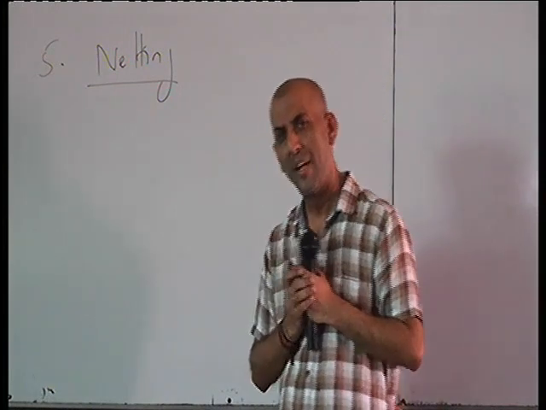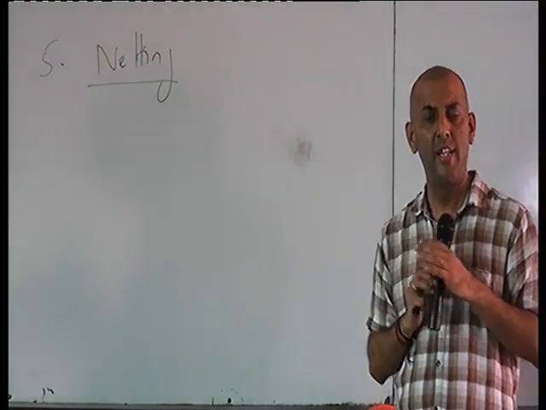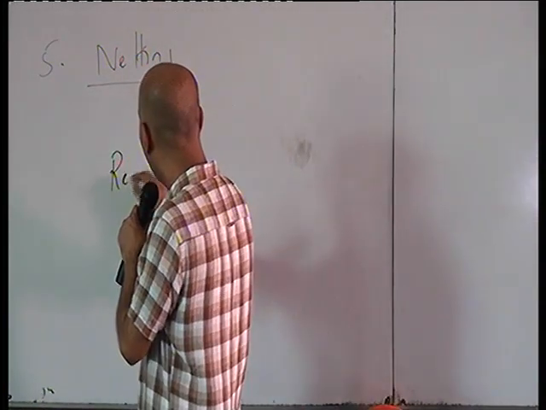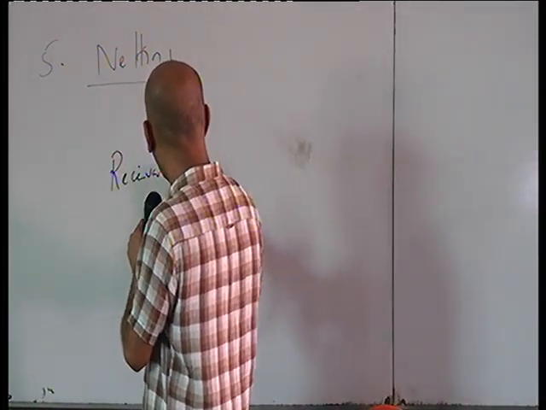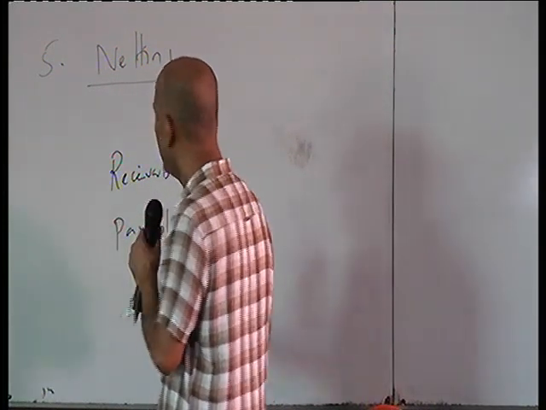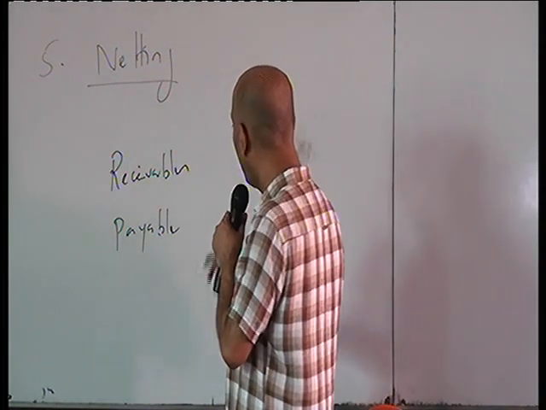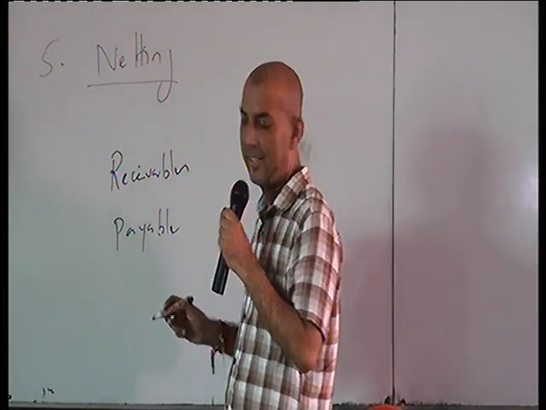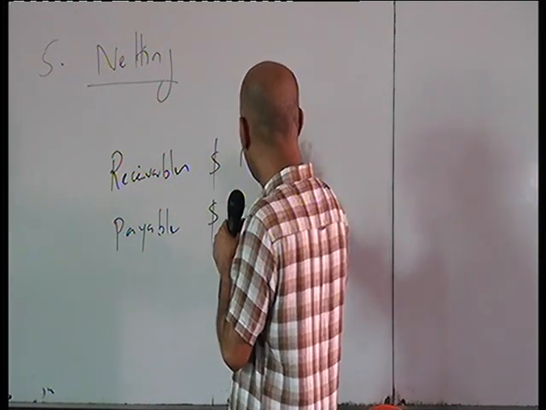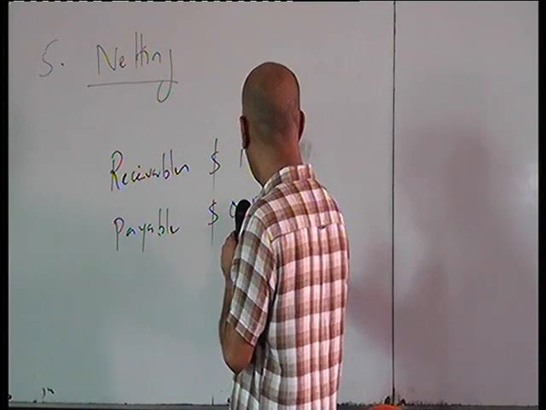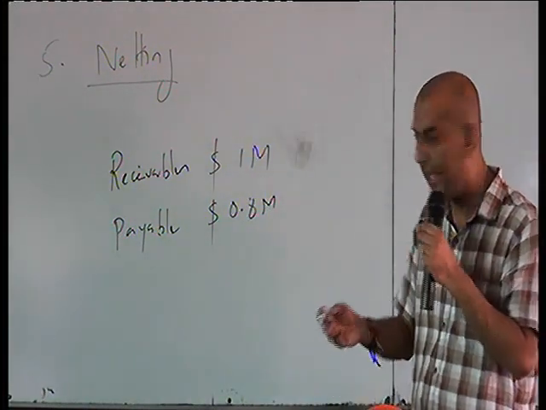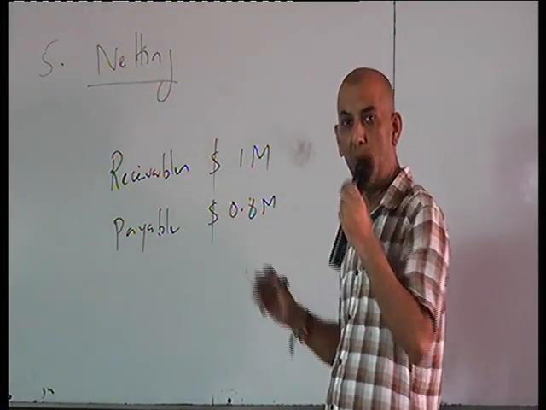So what am I going to do? Netting technique says you will set off a receivable and payable in foreign currency. Say the receivable is in dollars, the payable is in dollars, say $1 million and maybe $0.8 million. So you have a receivable from one group company and a payable to another group company.